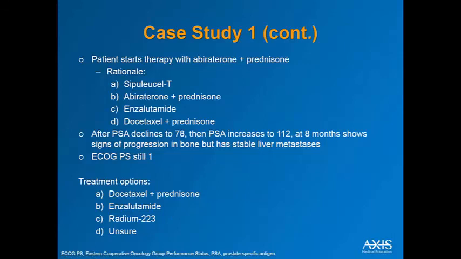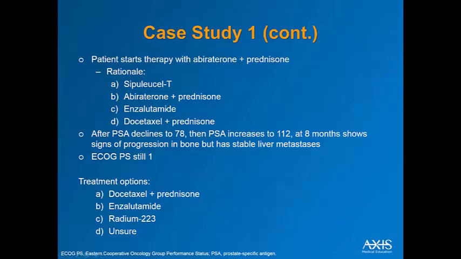Most patients today, in fact, the vast majority of patients today will start with either abiraterone or enzalutamide. And the rationale is that Sipuleucel-T is best suited for patients with low PSA, low volume. Abi-Pred, well tolerated, good drug, combination, good response rate.